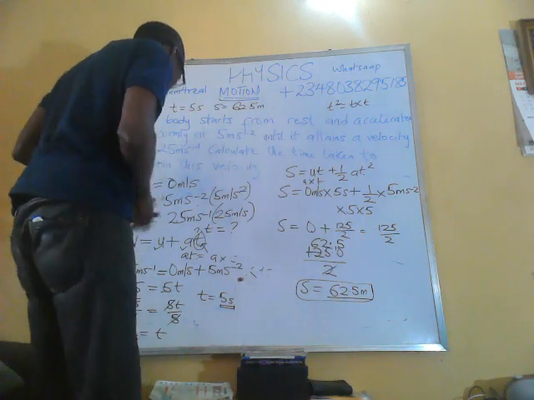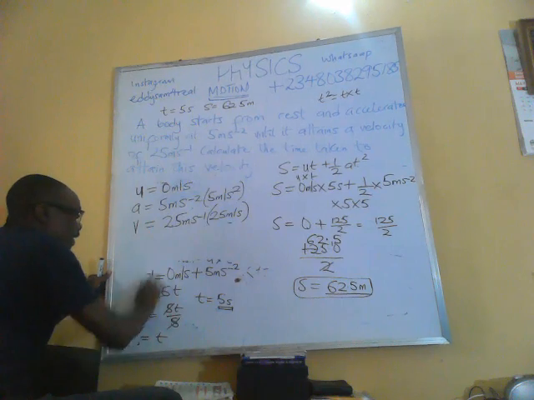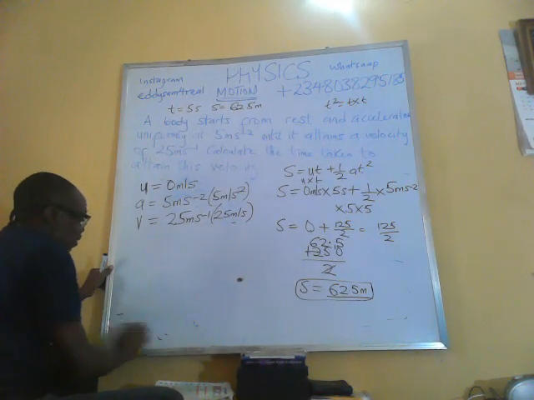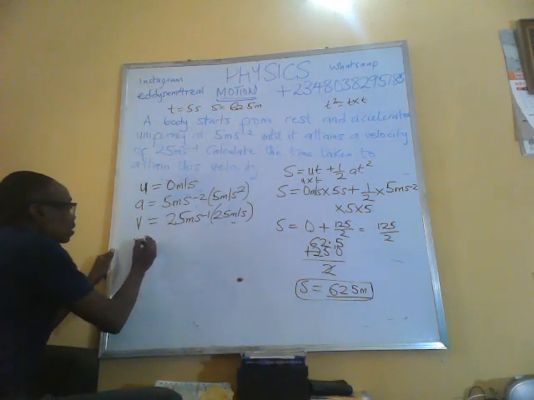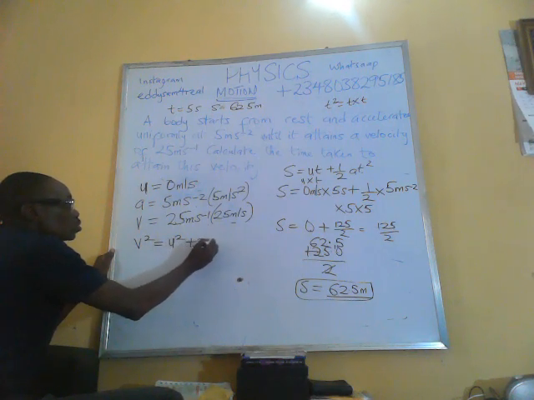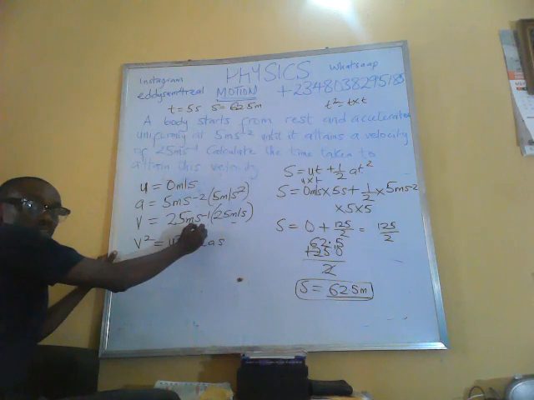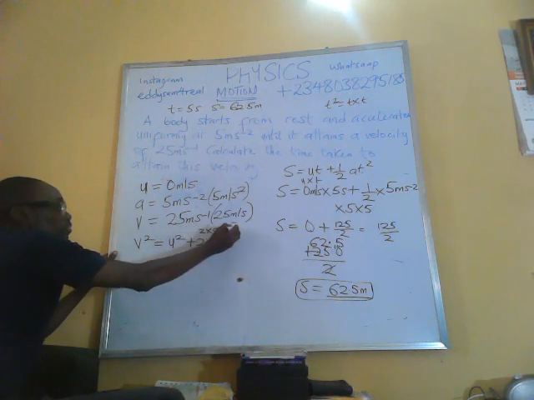Let me rub off this part so that we use the other formula, equation 3. Equation 3 states that v squared is equal to u squared plus 2as, and 2as means 2 times a times s.